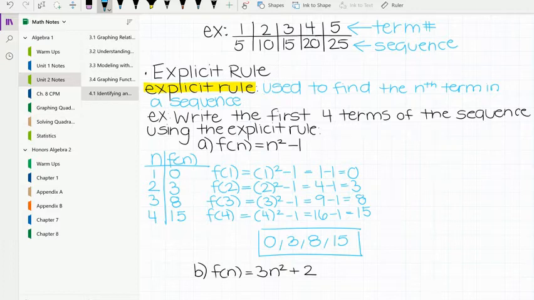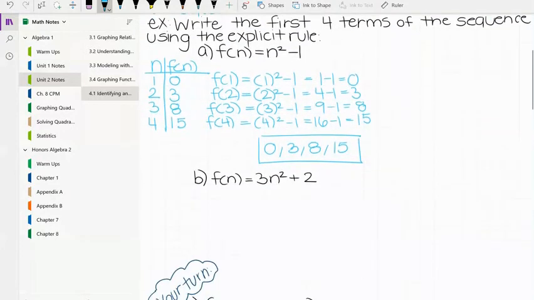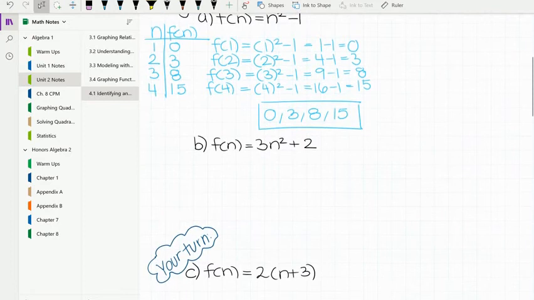Okay, we're going to go ahead and try another one. This one's a little bit more involved. So I'm going to make a table again. I have n and f of n, and I want to find the first 4 terms. Again, if I want to find the first term, I plug in 1. If I want to find the 4th term, I plug in 4.